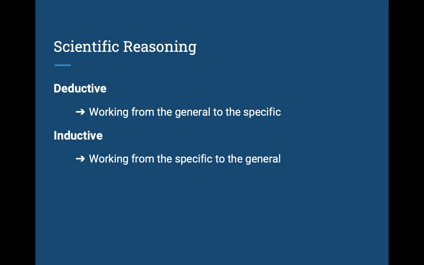The general in this case is generally known, already proven scientific knowledge, like fingerprints are unique. And the specific is that problem you're faced with, where you go, I don't know what's going on here, or there's a crime and I need to solve it. So that's how deductive reasoning works.